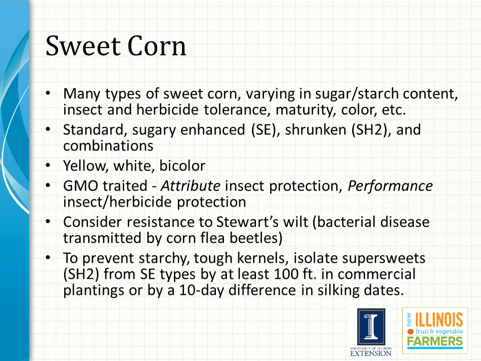Shrunken 2 types, designated as SH2, are very sweet without loss of sweetness over time and are excellent for shipping. There are also GMO sweet corn cultivars available with the BT trait for resistance against corn earworm and armyworm. There are cultivars available carrying the trait for herbicide resistance as well.